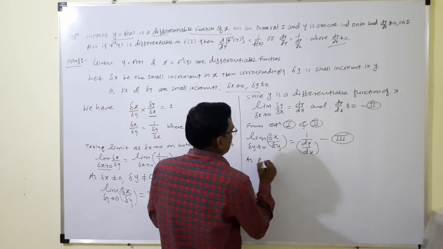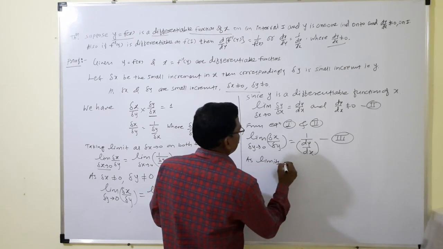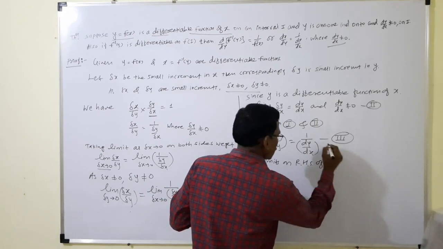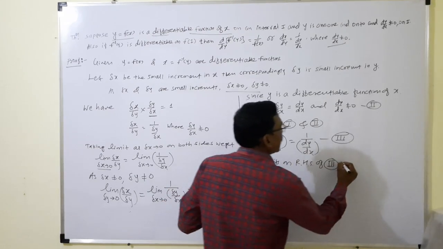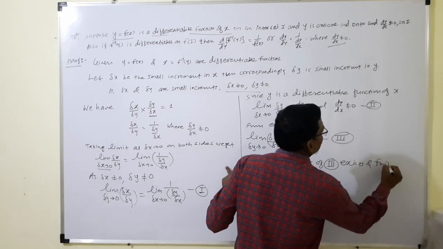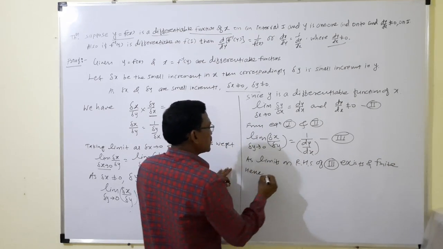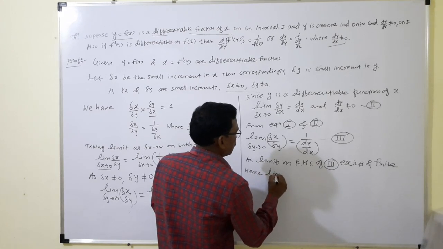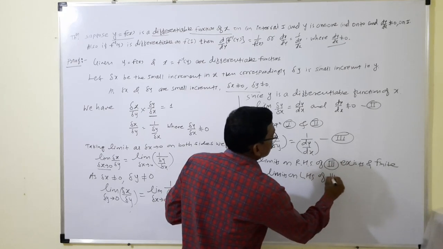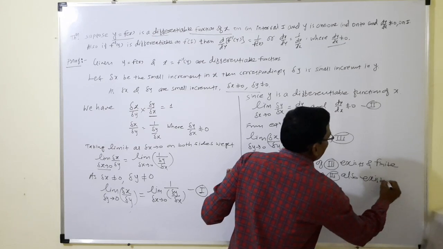As the limit on the RHS of equation 3 exists and is finite, hence the limit on the LHS of equation 3 also exists and is finite.